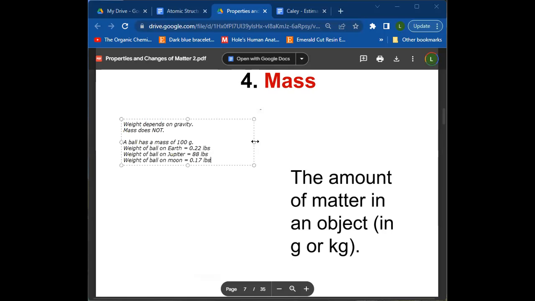But yet the mass is going to stay the same. Mass is 100 grams.